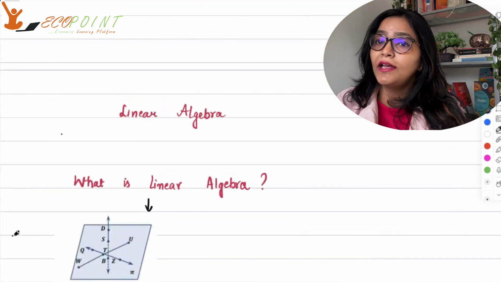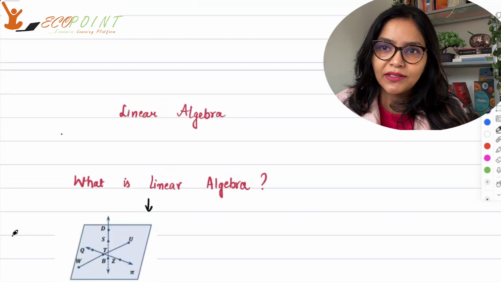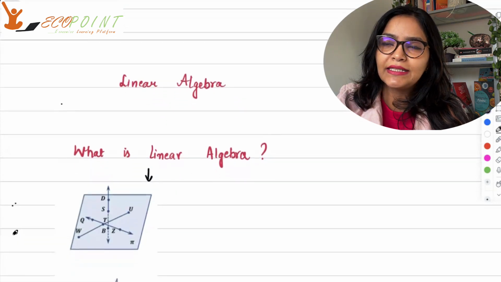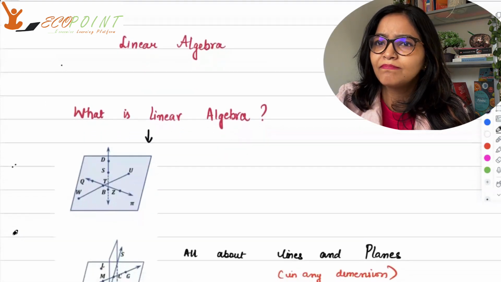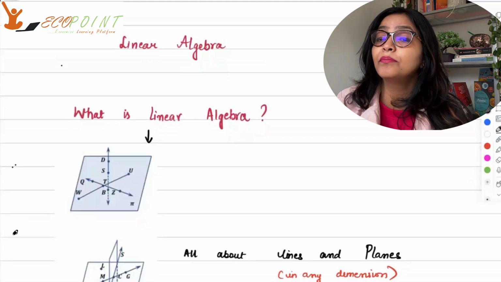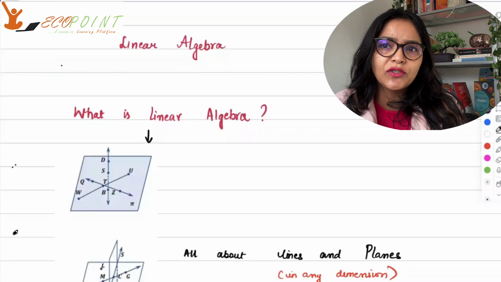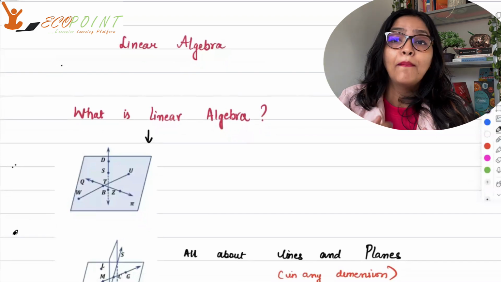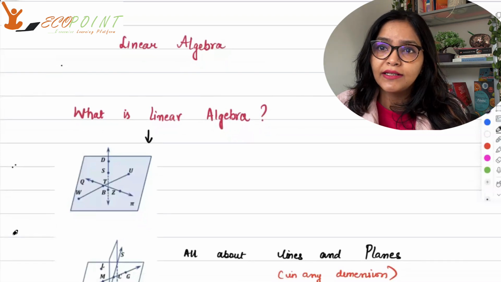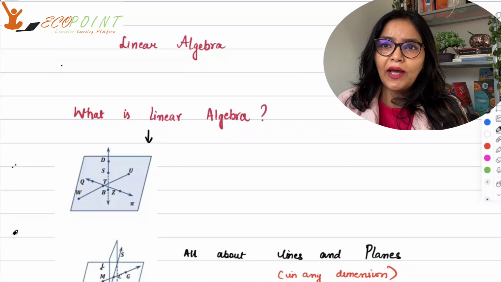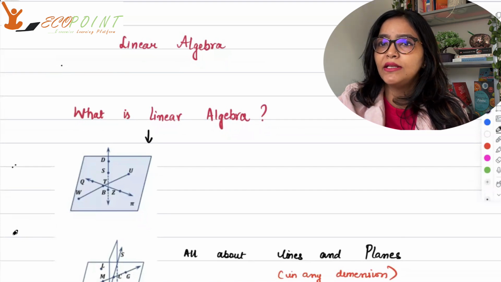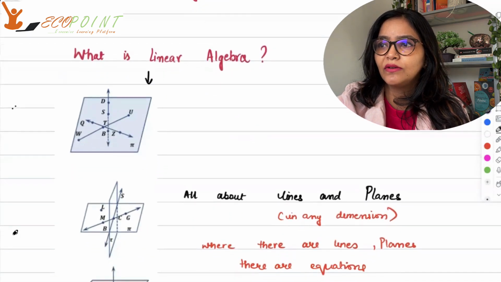used. If I have to put it in simple layman terms, linear algebra is the theory around lines and planes, but in any dimension, not just 2 dimension, 3 dimension, but even beyond that. Now, wherever you have lines, you have planes, you have equations.